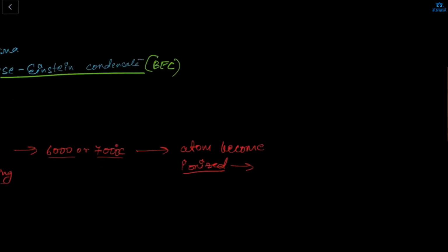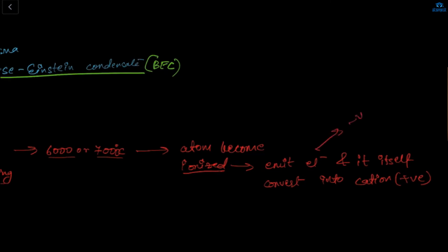So what is ionized? Ionized means it will emit electron and itself convert into cation. Cation means positive. Arham, am I correct? Yes, ma'am. As we already know, electron is negatively charged, yes or no?